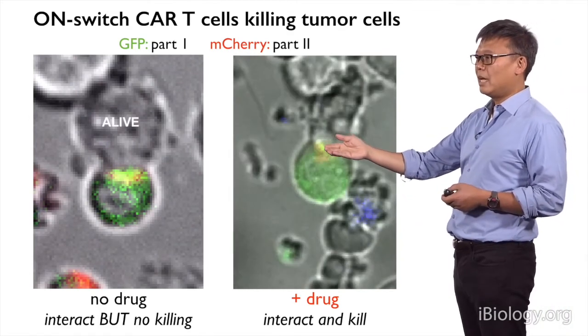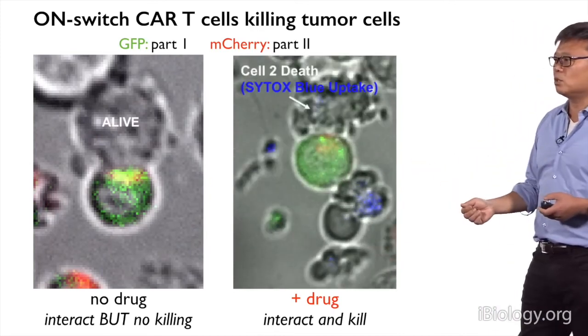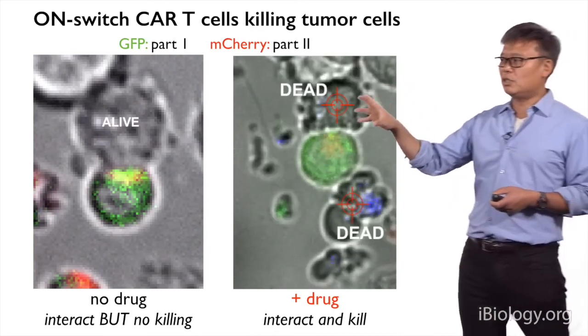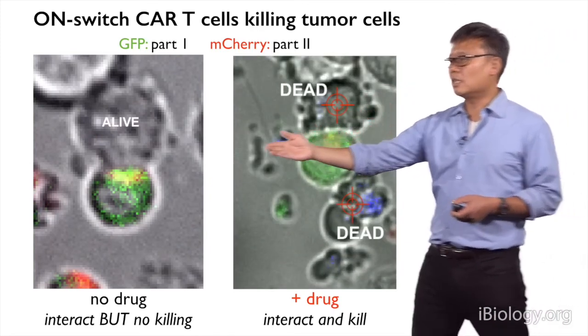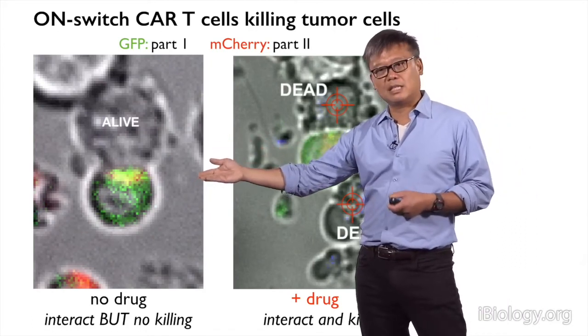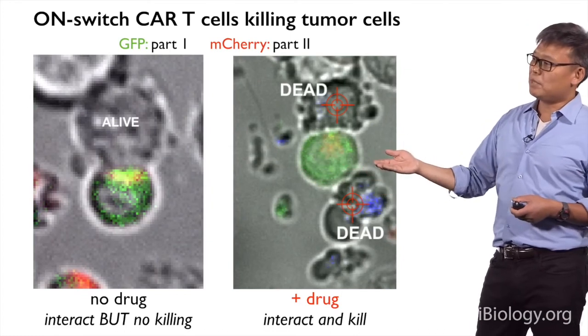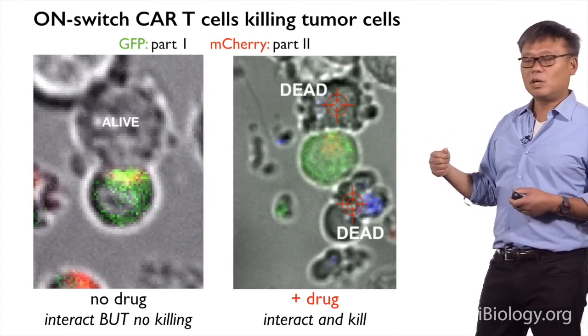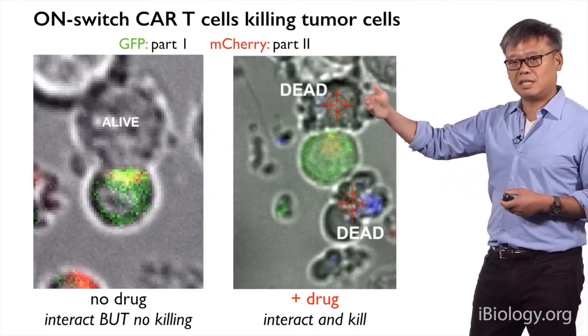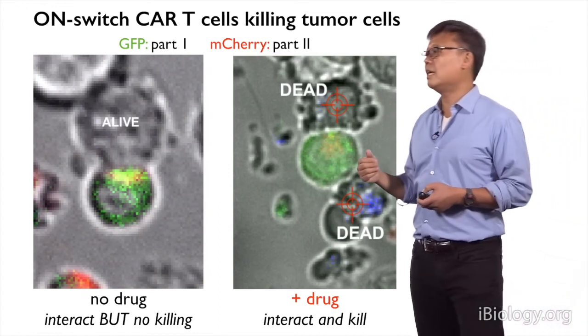You see the blebbing as well as the uptake of the blue dye. So within this 30-minute period where in the absence of drug, the cell doesn't do anything, doesn't kill anything, we see this, that in the same time when the drug is added, they're able to potently and serially kill multiple target cancer cells.